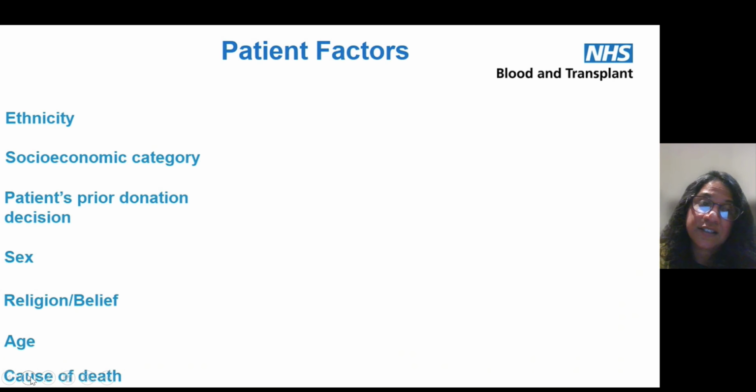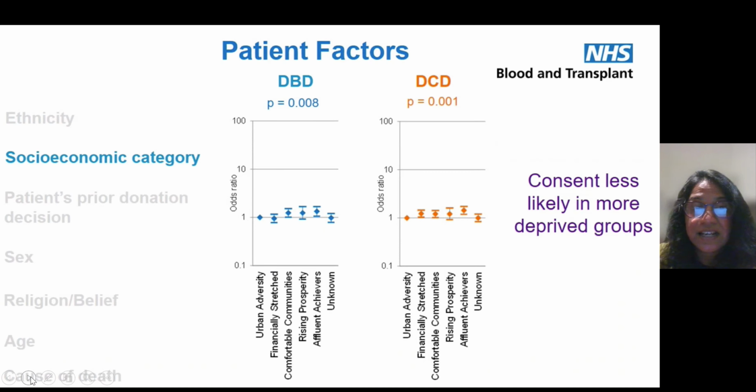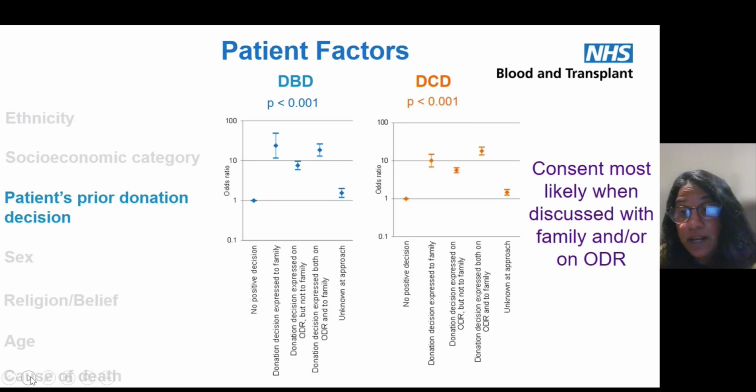If you analyse the factors that actually influence consent, ethnicity plays a big role, and consent is less likely in patients from BAME communities. It's less likely in more deprived groups. It's more likely when the patient has discussed the donation decision with the family, or if they're on the organ donor register.